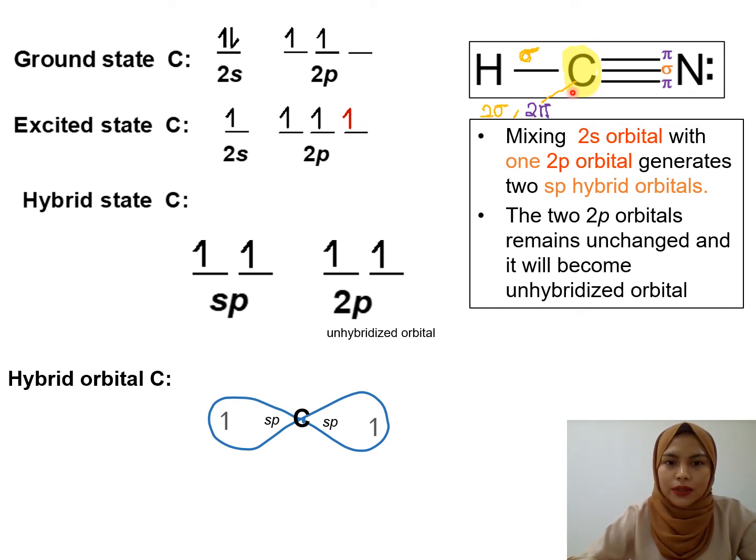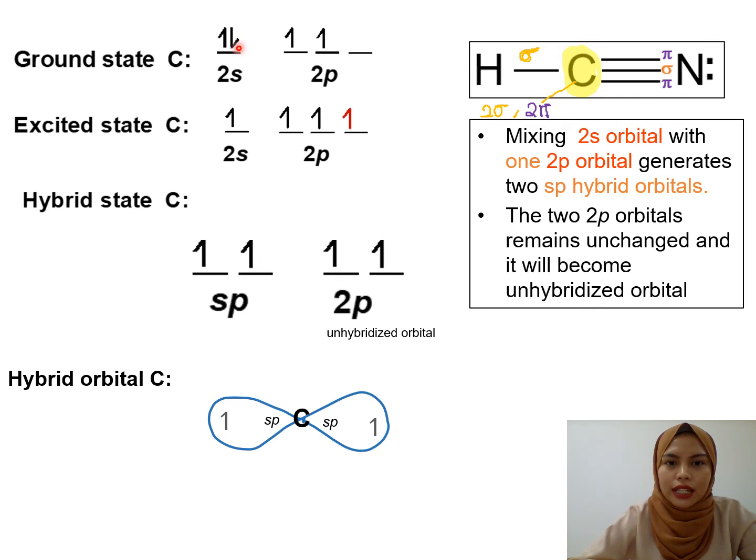Okay. So bila you tengok dekat ground state of the carbon, okay, ataupun the valence electron for this carbon, you know that carbon ada 4 valence electron dan dia punya valence orbital dia berada pada 2s dan juga 2p, and you see here ada sepasang elektron. Okay, so tak boleh tu sebab dia nak kena ada 2 single elektron yang akan form sigma bond dan juga 2 single elektron yang akan form pi bonds.